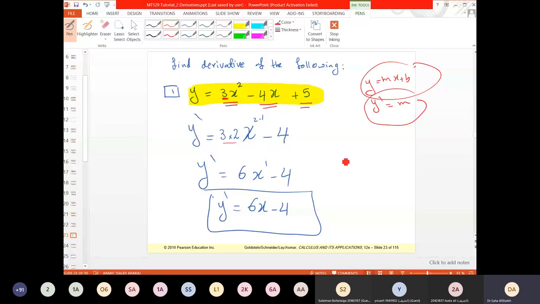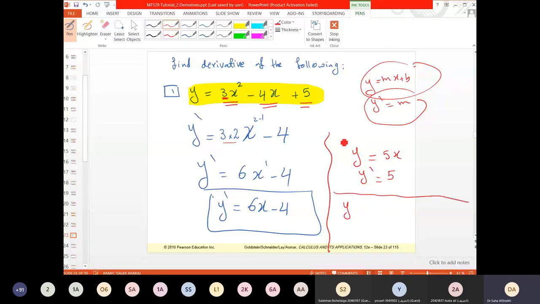Let me see. If y is equal to 5x, what's y dash in this case? It's 5. Now example 3. If y is equal to, let me change the number, 2x squared plus 7x.